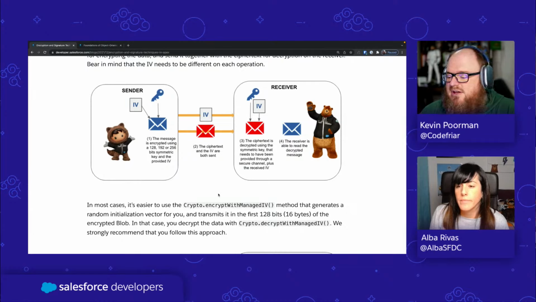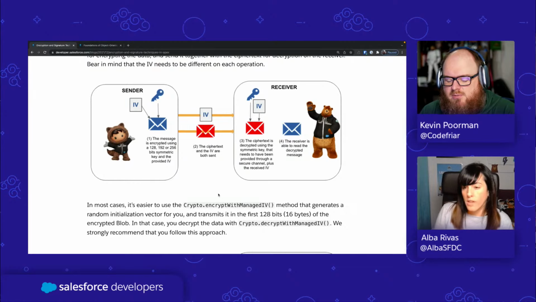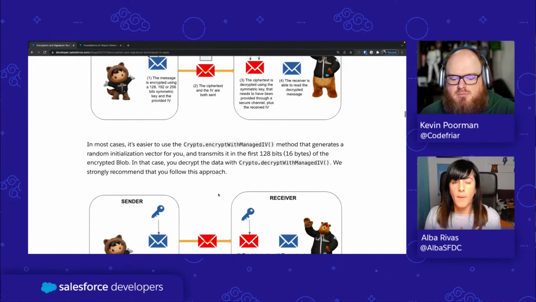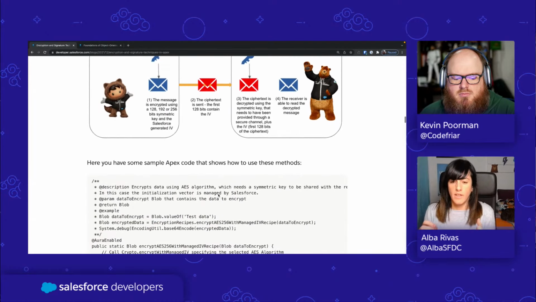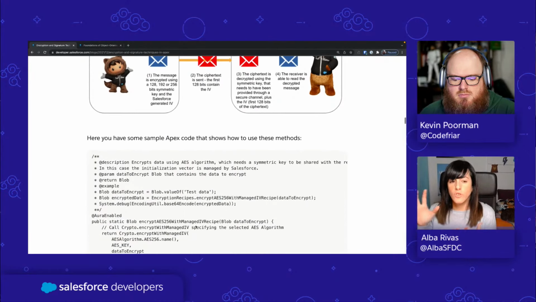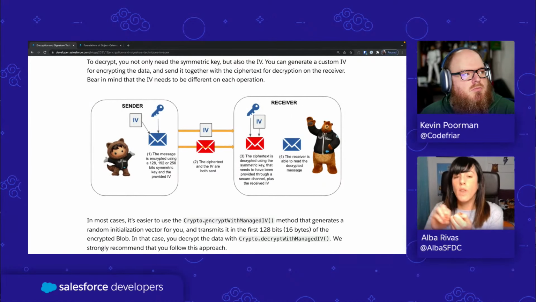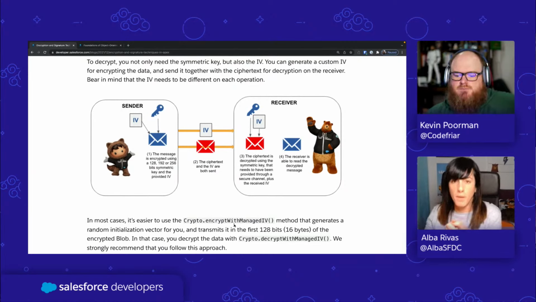Now, when you talked about having the encrypted with managed IV versus encrypted with the initialization vector, the difference is who generates that initialization vector, right? Exactly. If you use the method that doesn't create the initialization vector for you, I think it's crypto.encrypt, then you are the person in charge of generating that initialization vector and sending it to the receiver, because the receiver needs it to be able to decrypt the message.